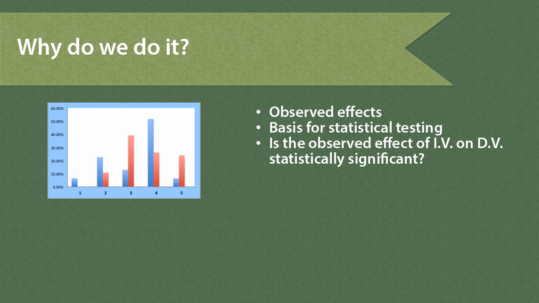In other words, we don't know if the observed relationship will hold throughout the entire population of cardholders. The descriptive analysis of the relationship, in other words, noting the observed effect, gives us a basis for statistical testing. Later in the course, we'll learn how to run a test to determine if the relationships that we observe are statistically significant.